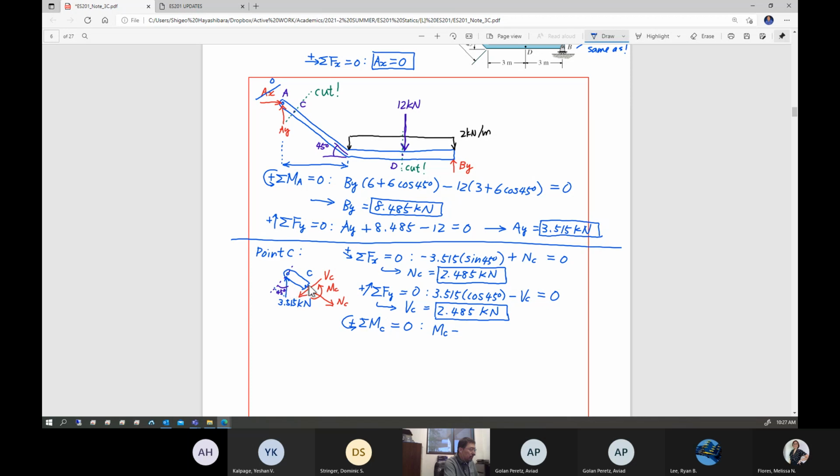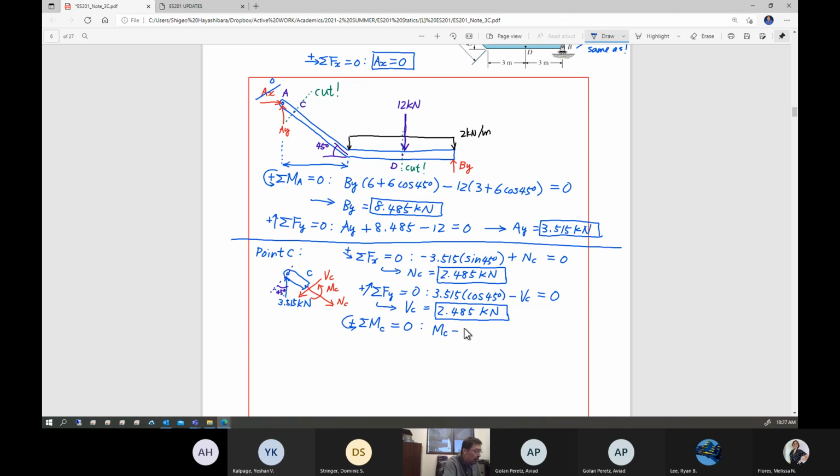You figure out the distance from this force to the location C. That's one way of doing that. Or you can find the force's component multiplied by this distance. Either way is fine. It's actually the same meaning.